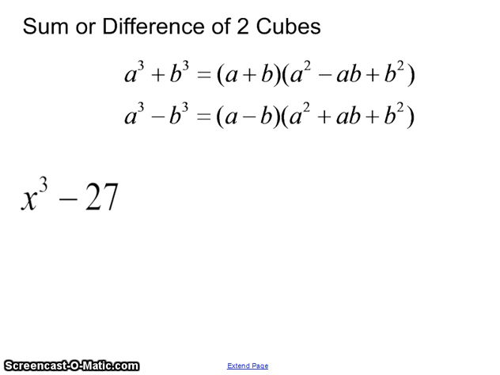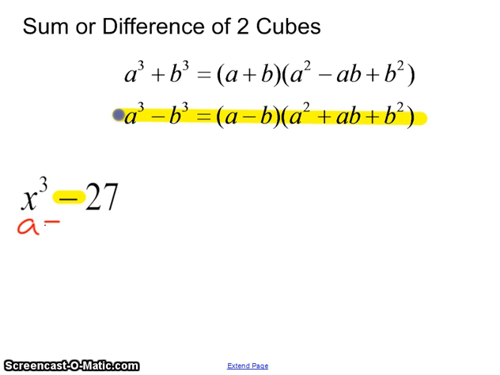The first term is a perfect cube. X times x times x gives you x to the third. And the last term, negative 27, is a perfect cube. 3 times 3 times 3 is 27. We are going to use the formula for the difference, because this is a difference. If it were a sum, you would use the other formula.